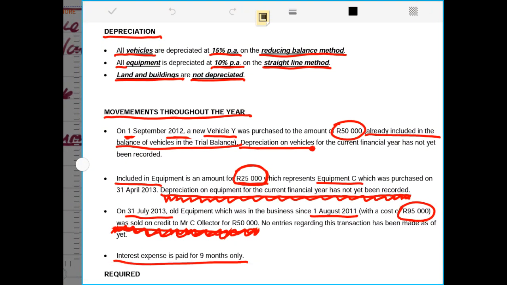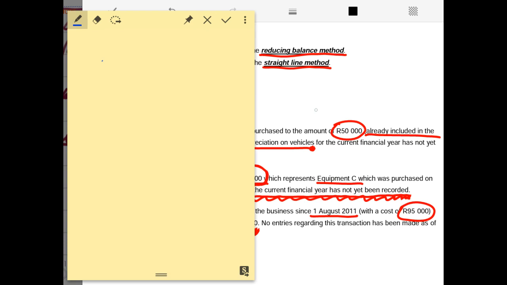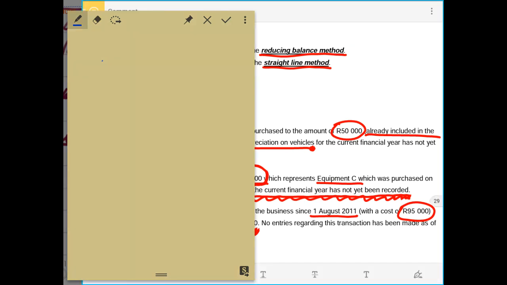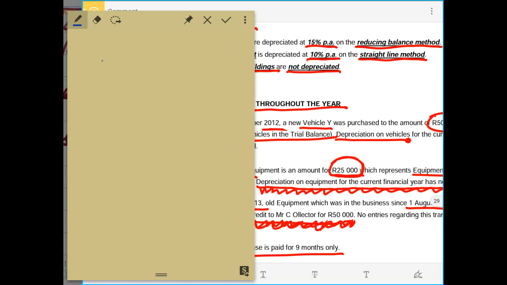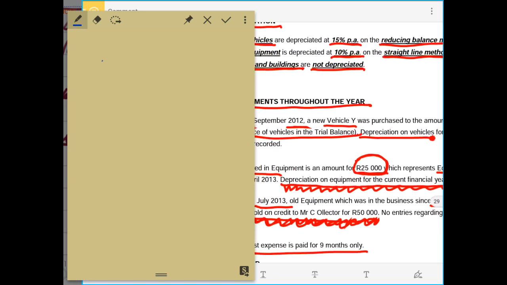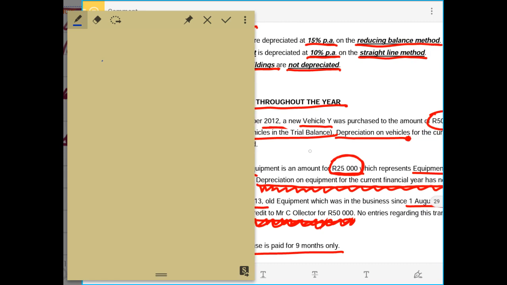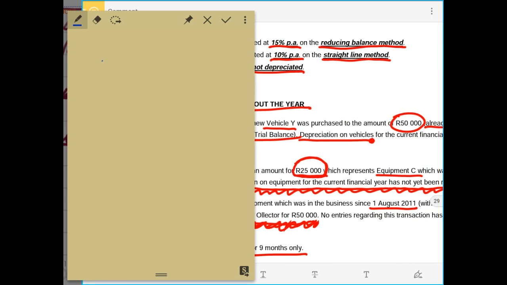We have two vehicles now, vehicle Y and the other. Vehicle Y, remember, was acquired 1st of September, and the other vehicle was there before the beginning of the current accounting period. So now it means we have to calculate our depreciation for vehicle Y first for the current year, because vehicle Y was not there before the current year.